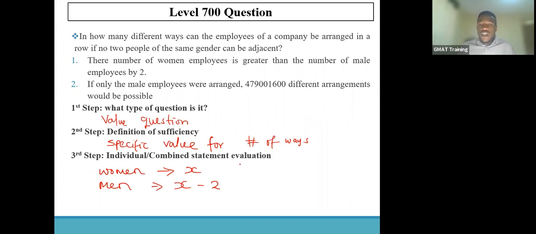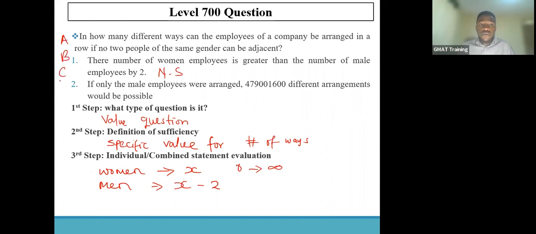So it takes any value from 0 all the way to infinity, and the number of men also falls in this range. Since X can take so many values, which yield so many different ways of arranging the people, this statement does not fulfill our requirement for sufficiency. It becomes insufficient.